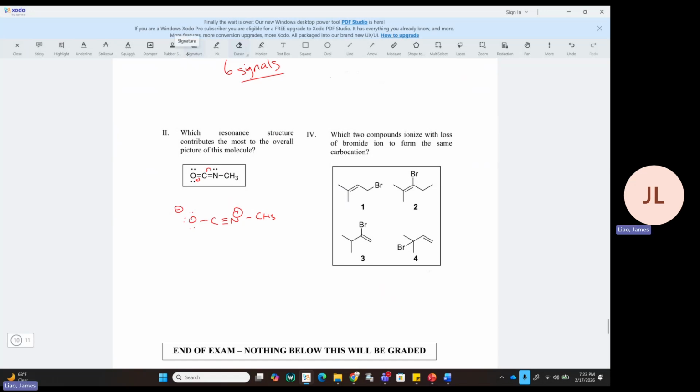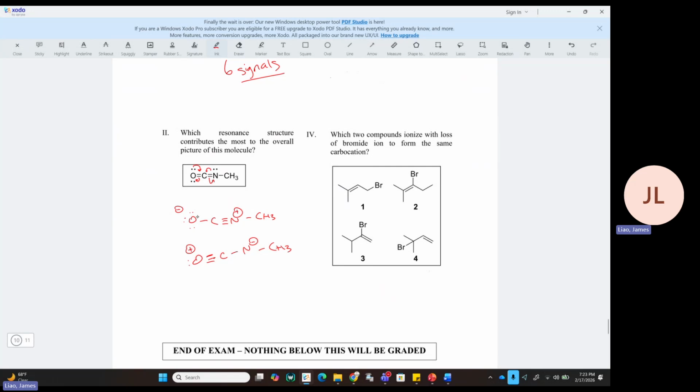Actually, let me check on something. Another option I could do is move it to a single one like this, so we could do something like O triple bond C, which is now a plus, and then a C with a minus charge and a CH3.